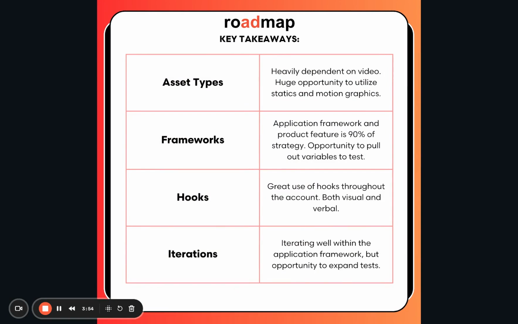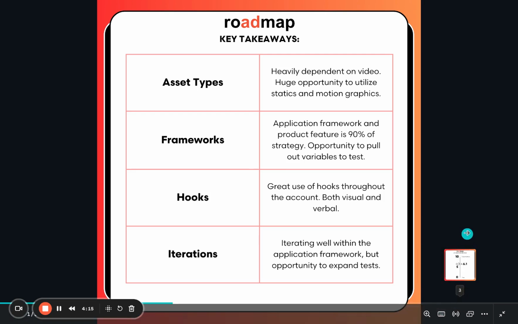In my opinion, way too dependent on video. Within frameworks, they're doing a great job of hooking users and iterating within the application product feature framework. But I really, again, think that these can be broken out into different asset types to further those framework tests and really highlight what's performing best.